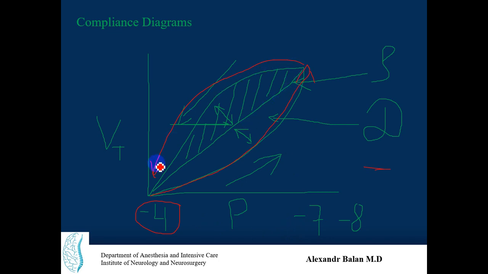And that one is expiration. This one is inspiration and that is expiration. And in the middle is placed the static pressure, or static compliance, mostly. For example, at this point, you see the corresponding pressure.